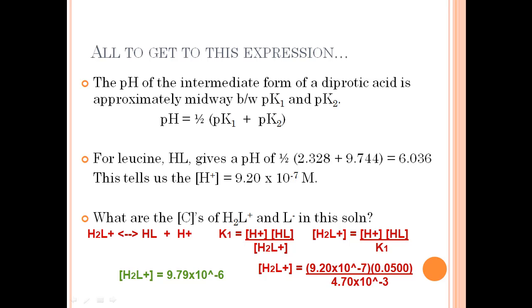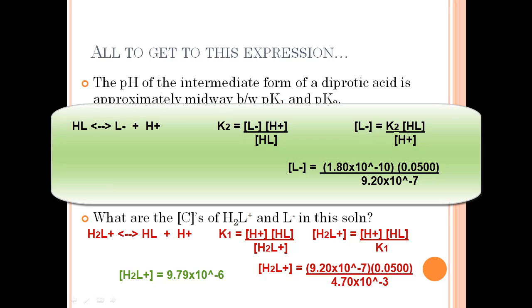You can do the same thing for the concentration of L minus by using the original reaction of the diprotic acid. HL dissociates into L minus plus H plus, so the equilibrium expression would be K2 is equal to L minus times H plus over HL.